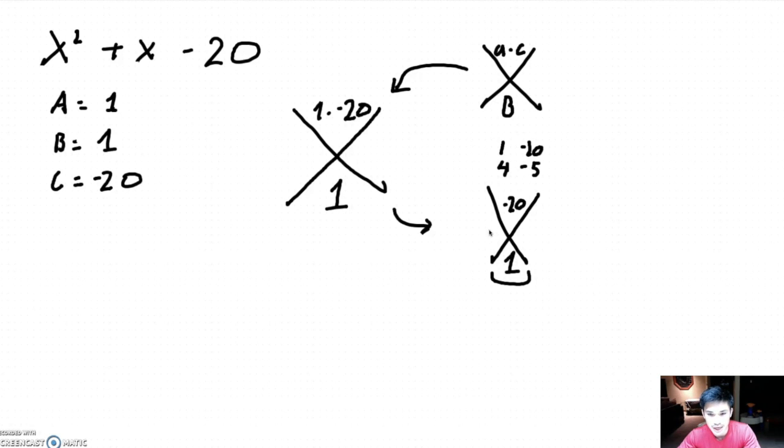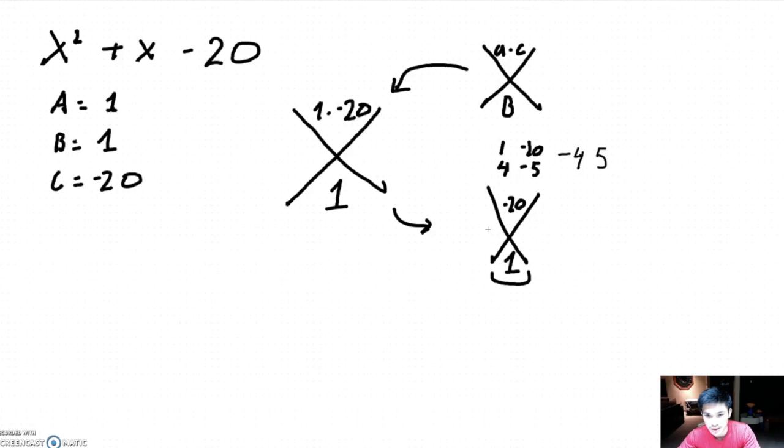In this case, if I add 4 and negative 5, I would get negative 1. So that doesn't quite work. But what if I switch it around and make one factor negative 4 and the other 5?